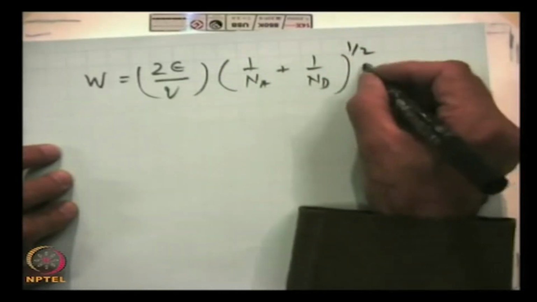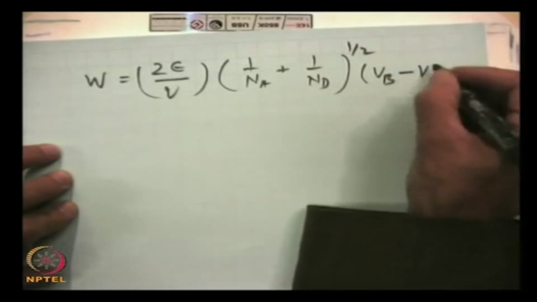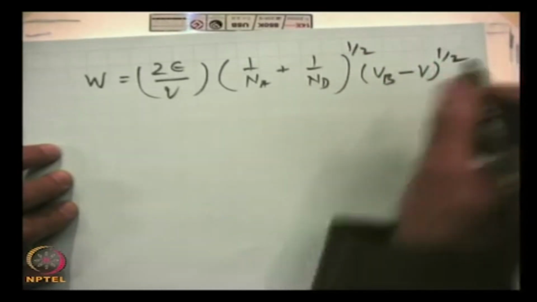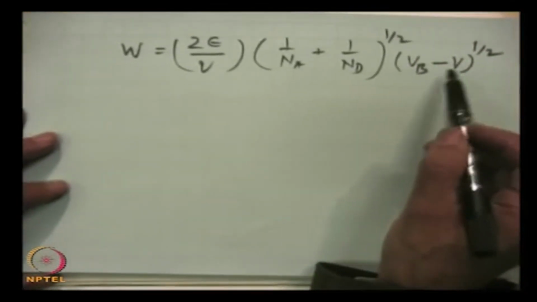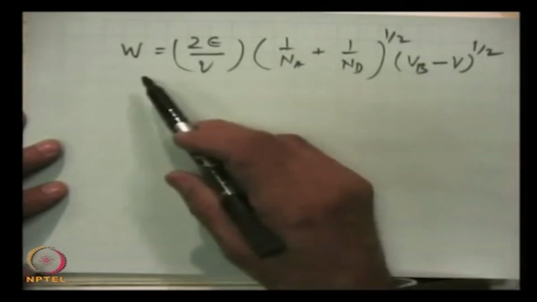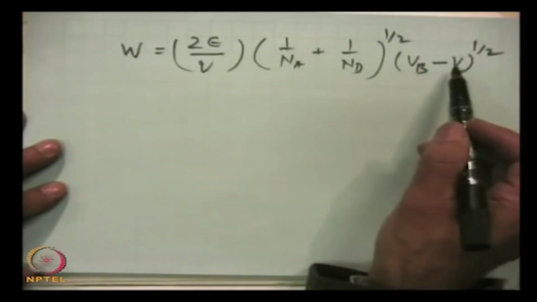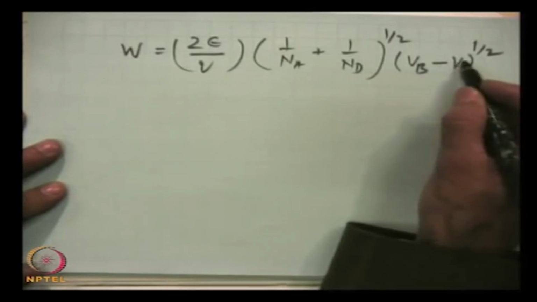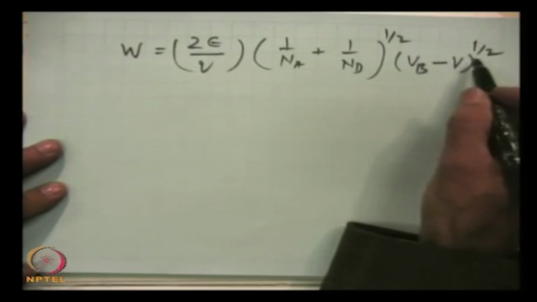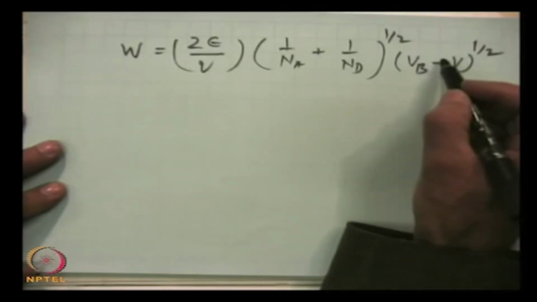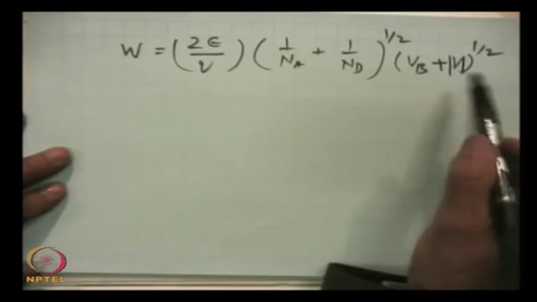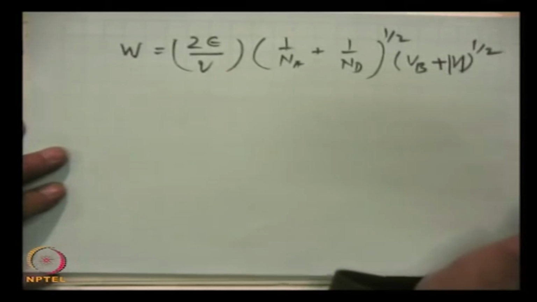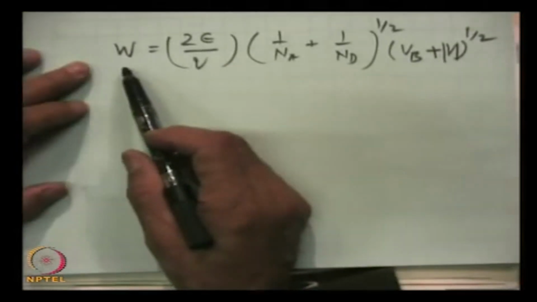Power half, and here V_B minus V, and we said that the sign of V has to be taken into account when we calculate the depletion width. So, now it is reverse bias, so this sign will be positive, and that implies that, talking only of magnitude, higher the magnitude of the applied voltage, higher will be the width.